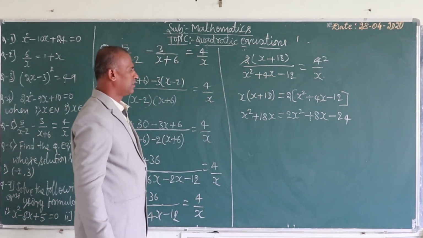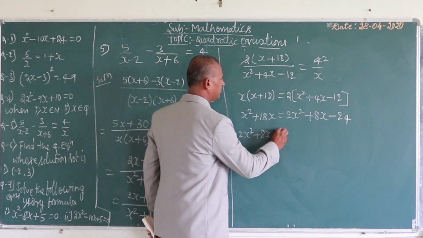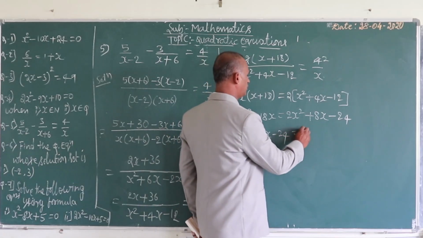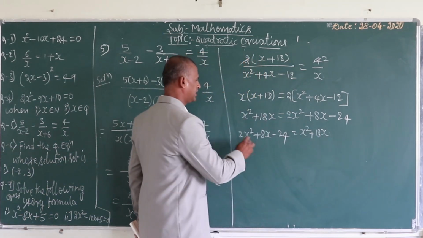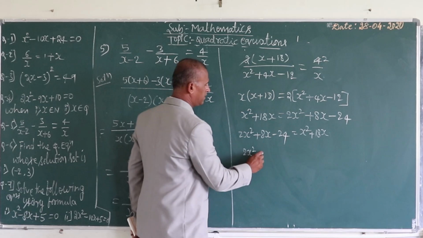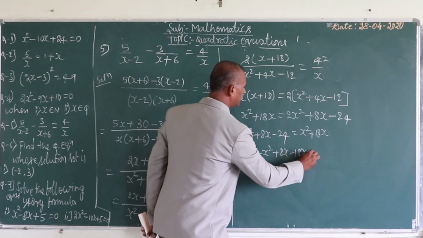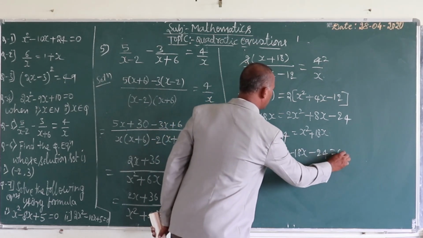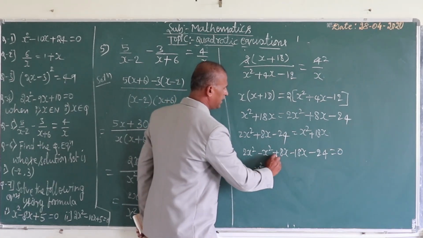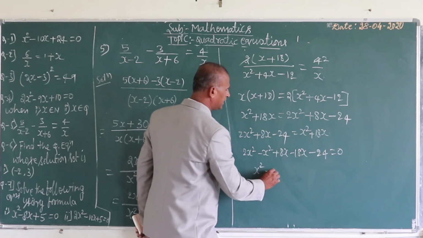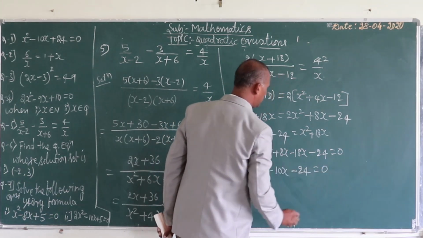Now we can write this side: 2x square plus 8x minus 24 is equal to x square plus 18x. We transfer it to this side: 2x square minus x square plus 8x minus 18x minus 24 is equal to 0. Now 2x square minus 1x square is x square, and 8x minus 18x means minus 10x, minus 24 is equal to 0.